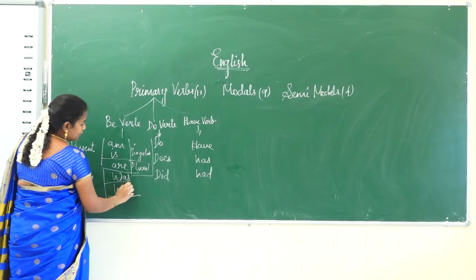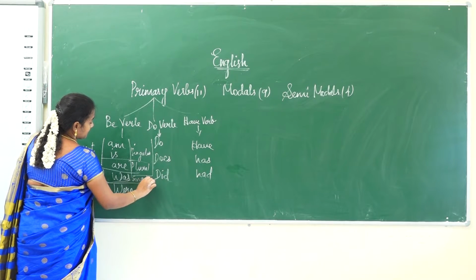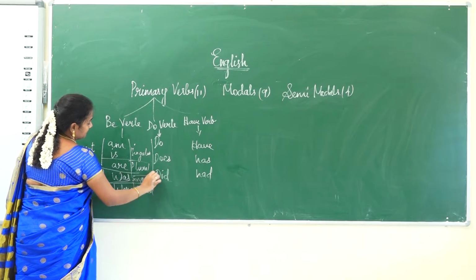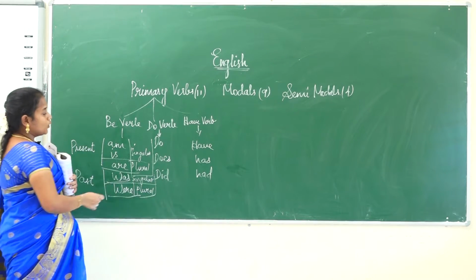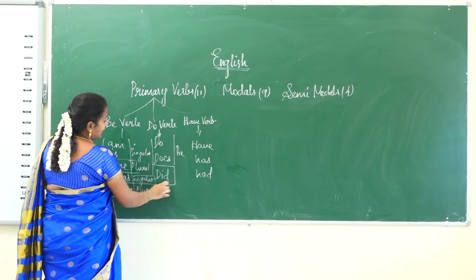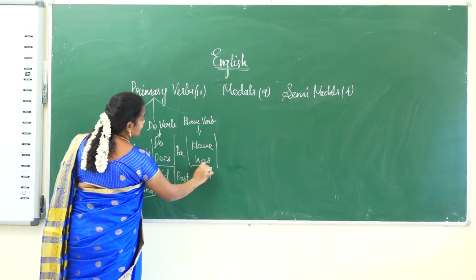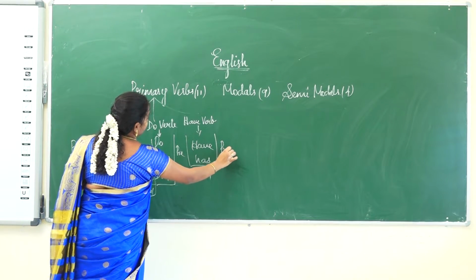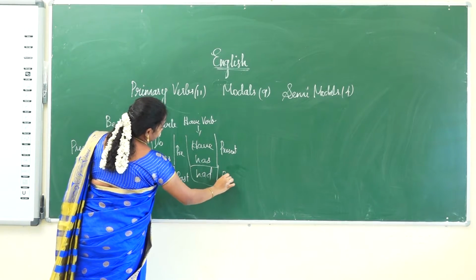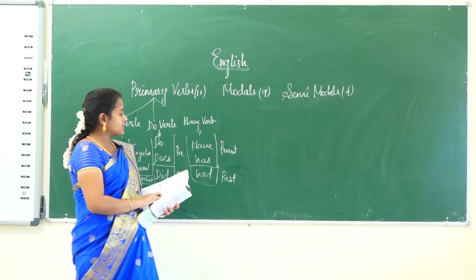Then was is singular and were is plural. Do and does are present form, and did is in the past form. In the same way, have and has are in the present form, had in the past form. Already you know, just to recap your knowledge, you have to revise this.